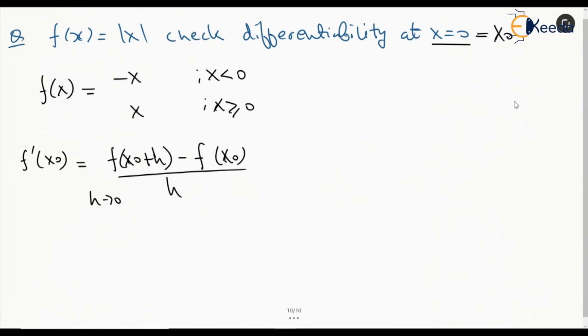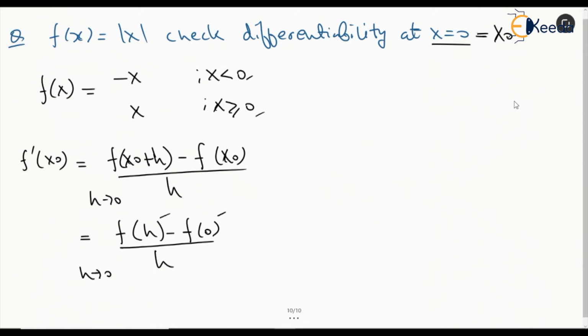So this becomes f of h minus f of 0 by h for h tends to 0. Now we know that for x equal to 0 this function is going to be 0, and for h it is going to be either minus h or h depending on the h.